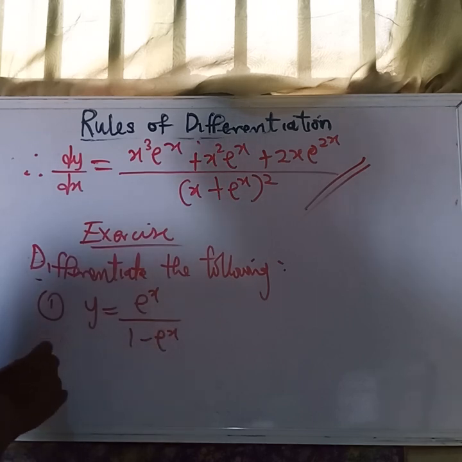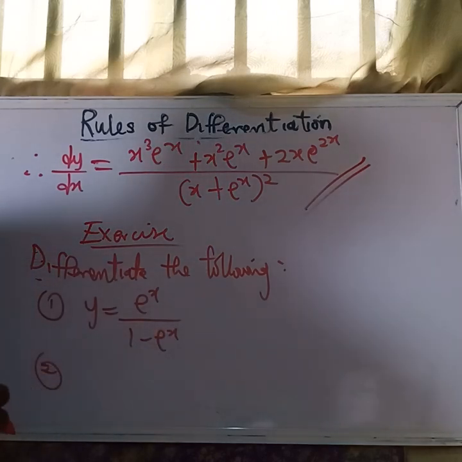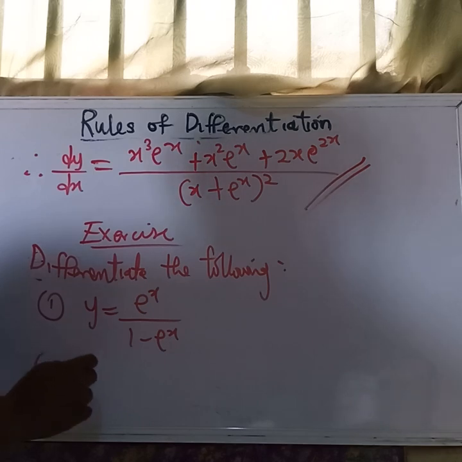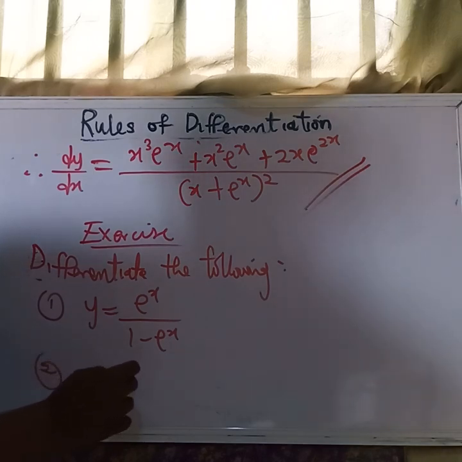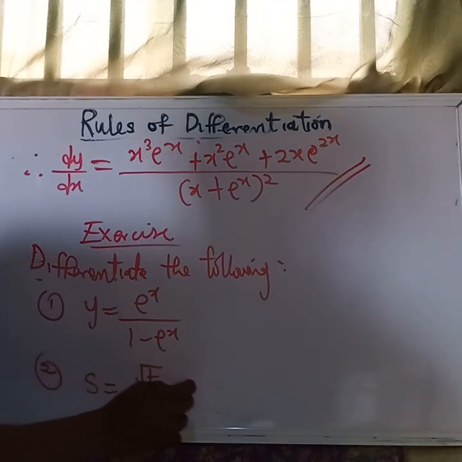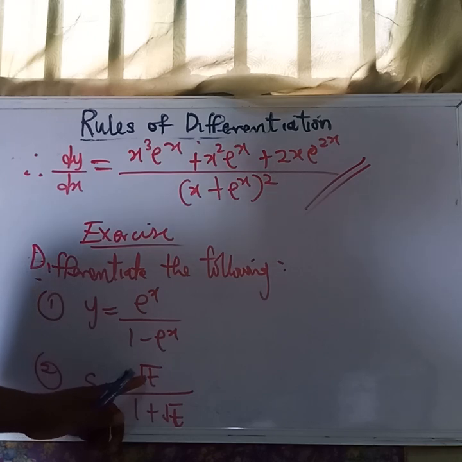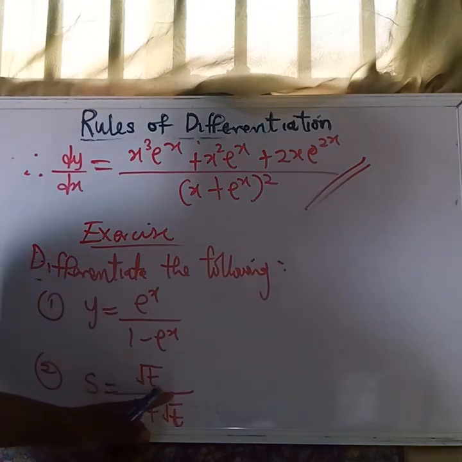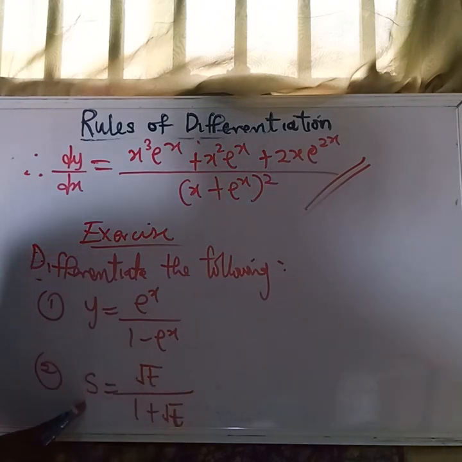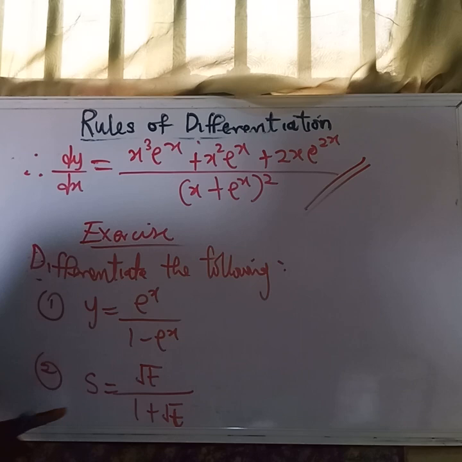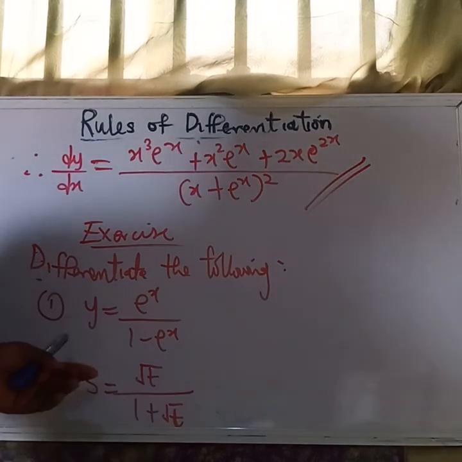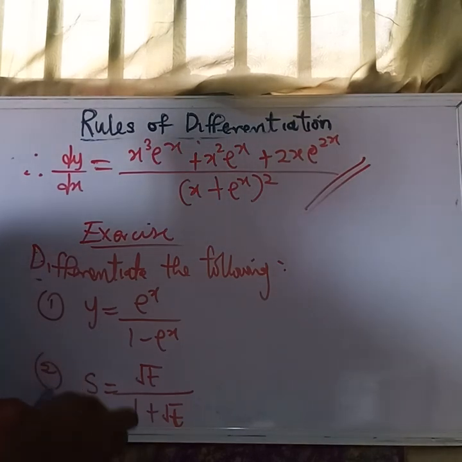The second one is the function s equals the square root of t over 1 plus the square root of t. Here the variable t is an independent variable, while the variable s is dependent.